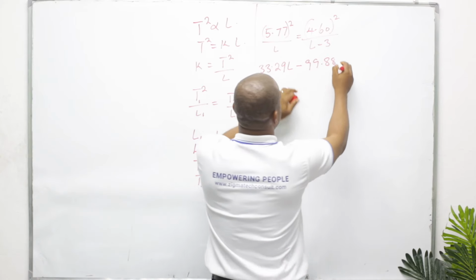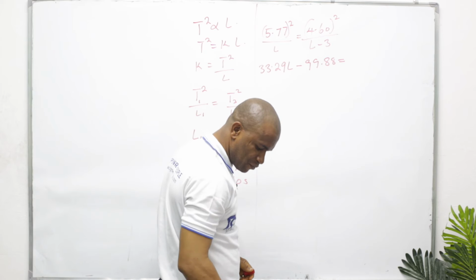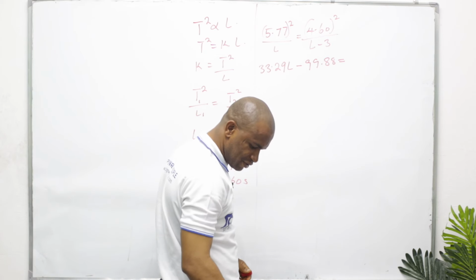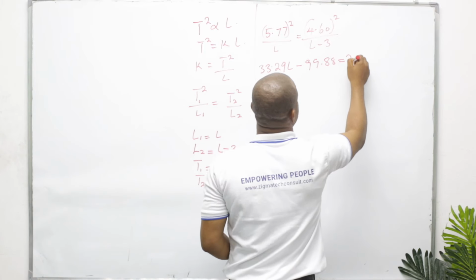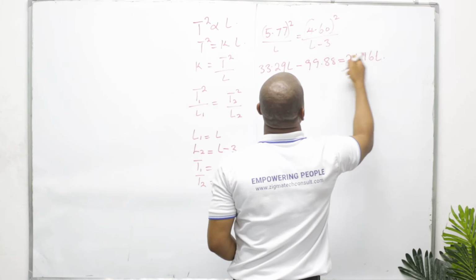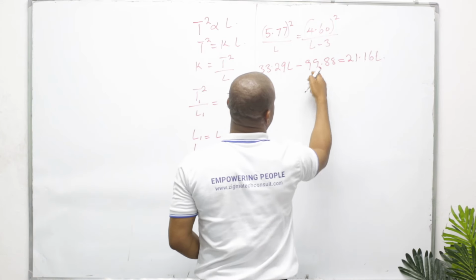So this is going to be equal to this multiplied by this, 4.6 squared, which is going to be 21.16 L.